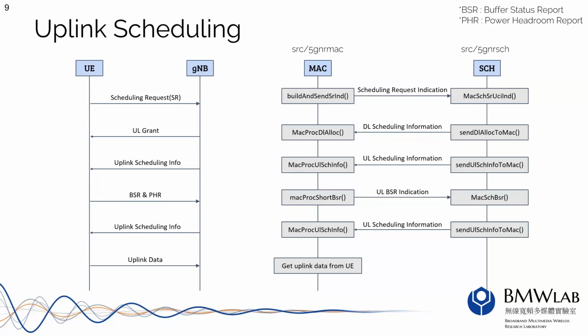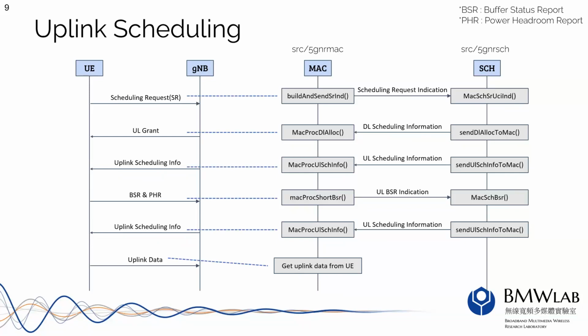Okay. As you can see in this figure on the right-hand side, I also show what the MAC and scheduler are doing when the UE and gNB do the uplink scheduling, the uplink transmission, and I also match them one by one.